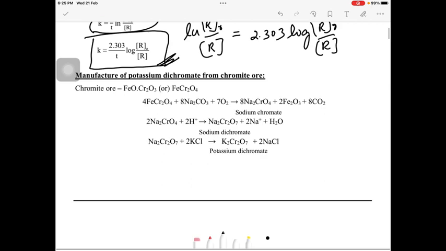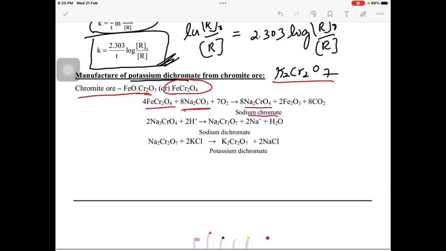Next one, manufacture of potassium dichromate, K2Cr2O7, from chromite ore, that is FeO·Cr2O3 or FeCr2O4. When iron chromite undergoes oxidation in the presence of Na2CO3, it forms sodium chromate Na2CrO4, and Fe2O3 and CO2 as byproducts.